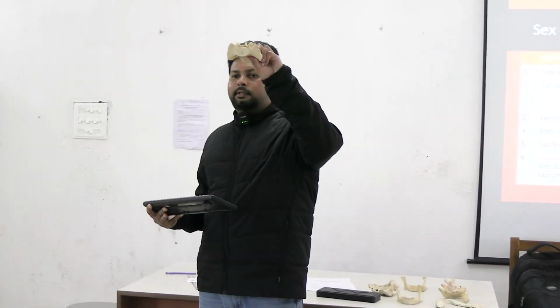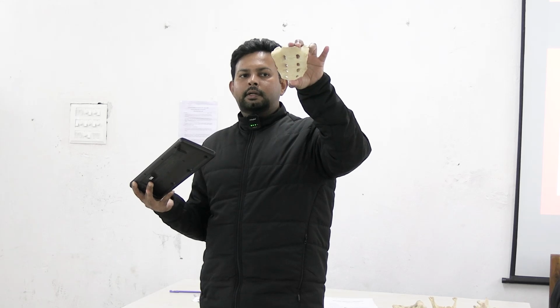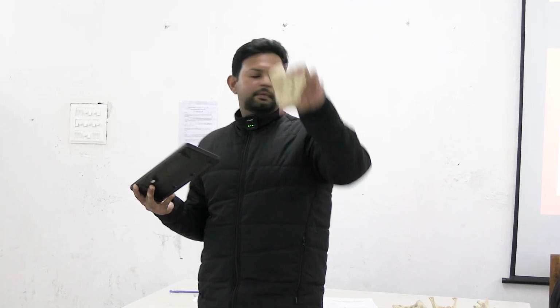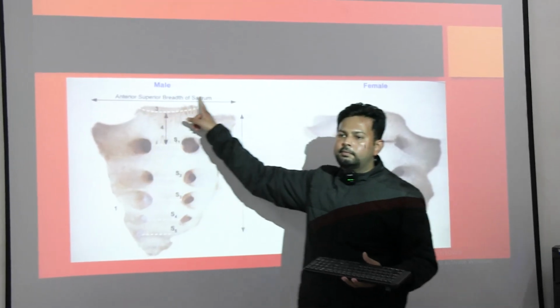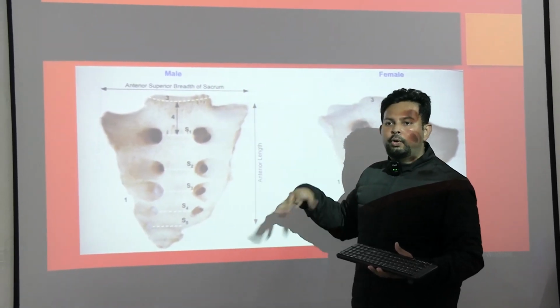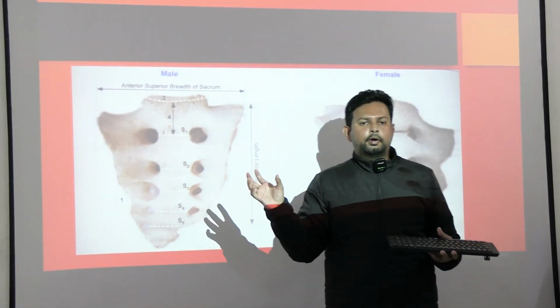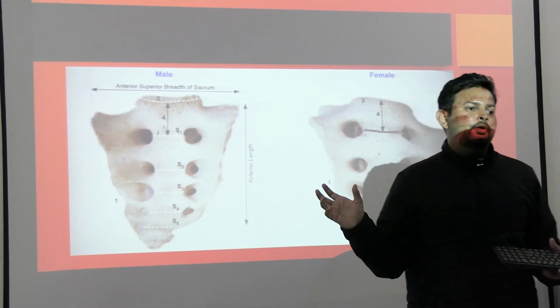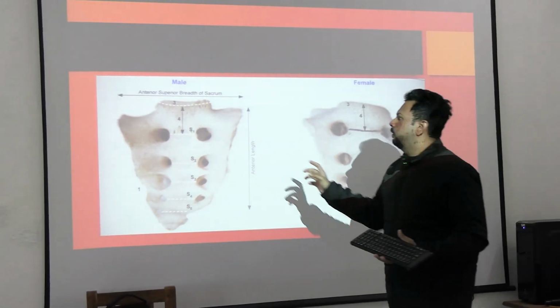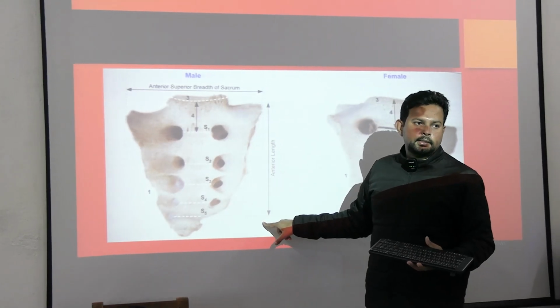This whole portion, by the height of the, okay? I'll show you in the picture. Anterior superior breadth of sacrum by anterior length into 100. We get a value. From that value, we can say whether it is male or female.